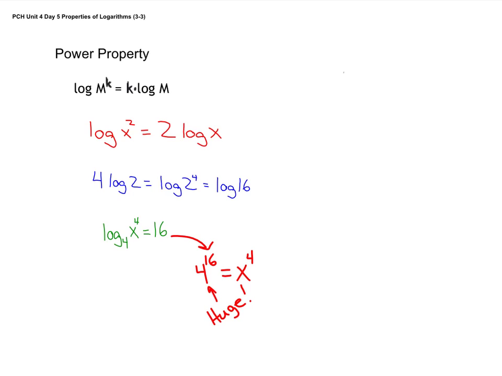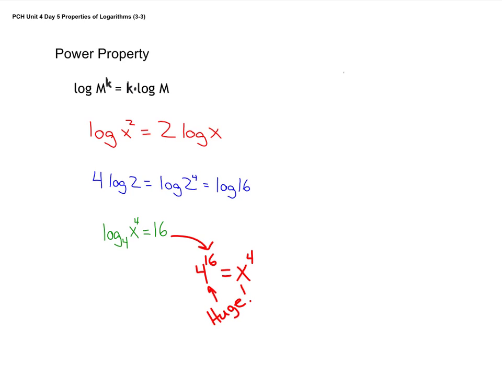All right? Initially here, we only have one logarithm in this equation, so you could rewrite this as an exponential. 4 to the 16th power equals x to the 4th. But 4 to the 16th is a really huge number. Okay?